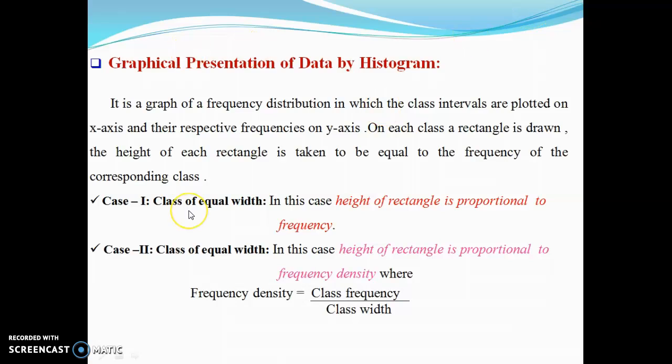In case of classes of equal width, the height of the rectangle is proportional to the frequency.